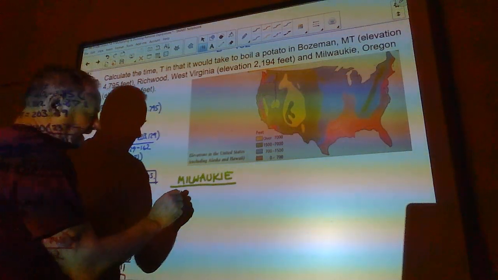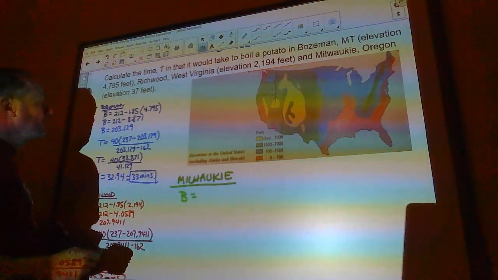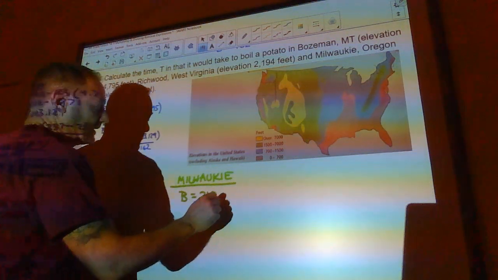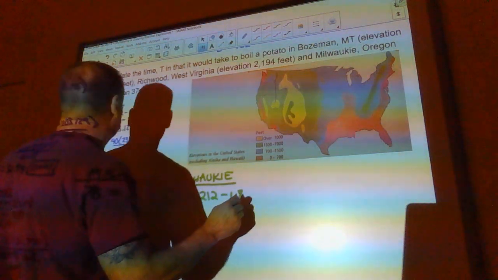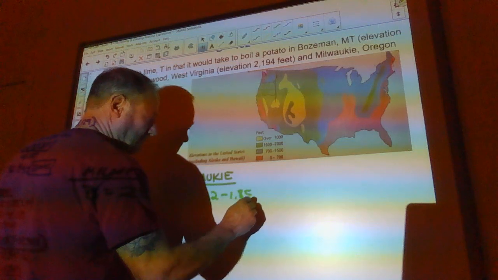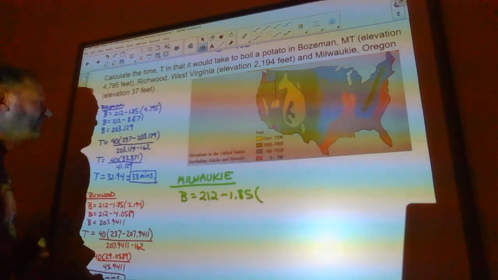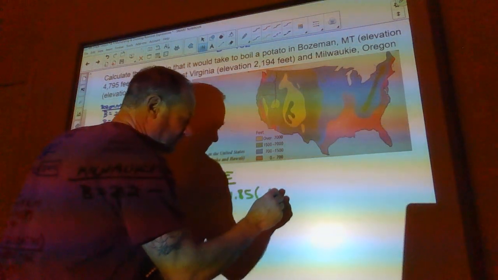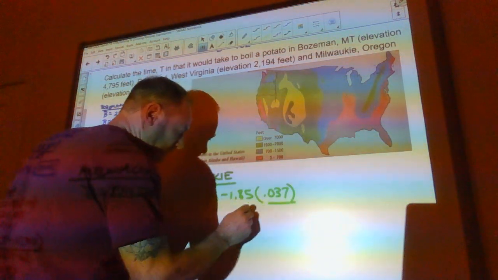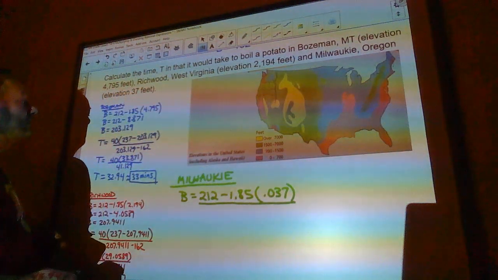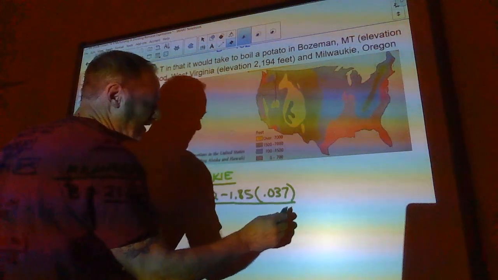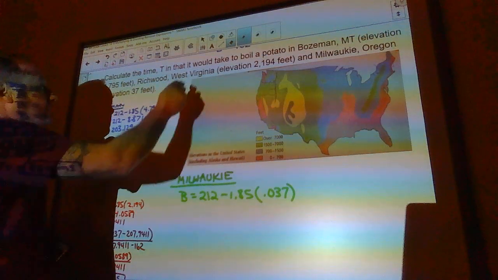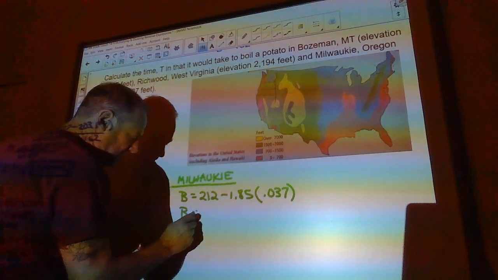Okay, first we're going to calculate B. B is going to be 212 minus 1.85 times, what's 37 going to be? Well, that's going to be 0.037, all over, whoops, again, I screwed that up. That's the next equation.